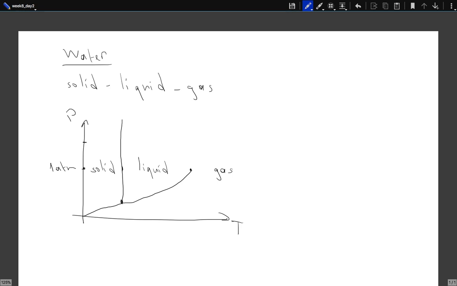How do you distinguish a gas from a liquid? You see, when you look at something, how can you say that something is a gas or something is a liquid?